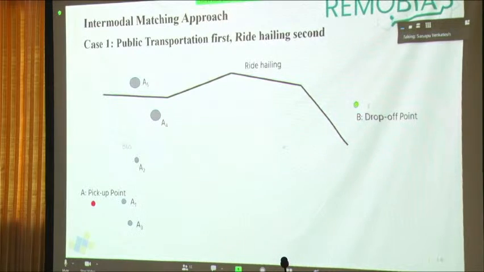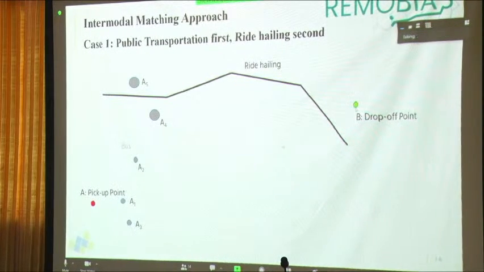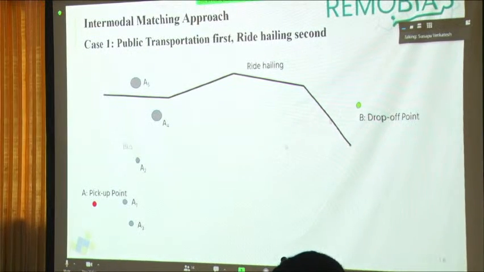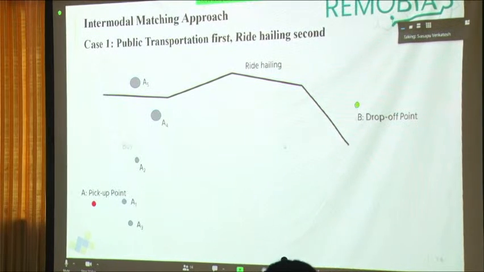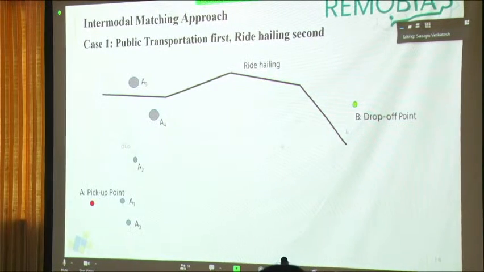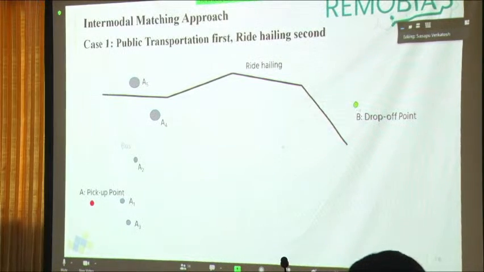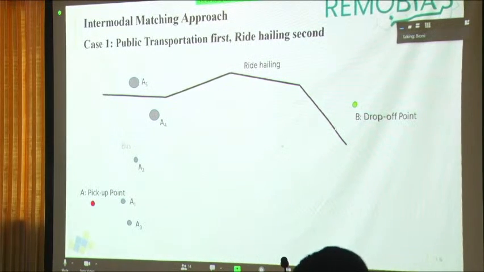At the moment, this B point is just the closest to the ride-hailing route. We are just trying to make it in cases. It is all about the first case. The second case is the vice versa of the first case, so the B point is close to the ride-hailing. Oh, okay, good. Thank you.